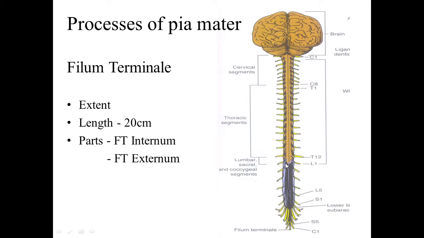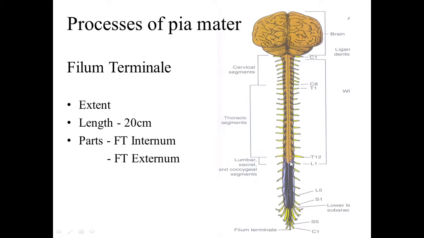The length of the filum terminale is around 20 centimeters, and it is divided into two parts, the filum terminale internum and the filum terminale externum. The dura and arachnoid mater are attached to the second sacral vertebra.